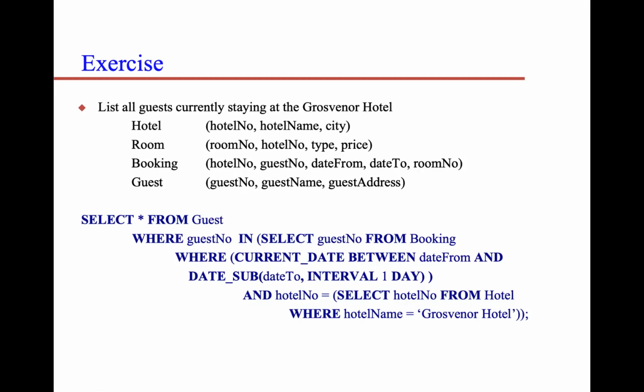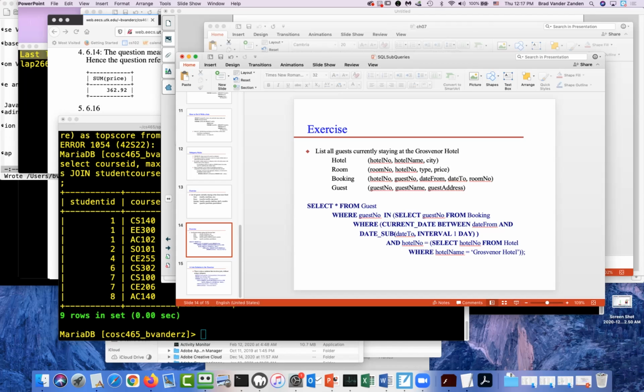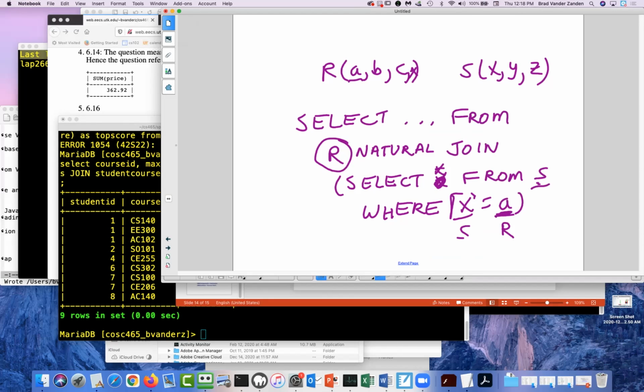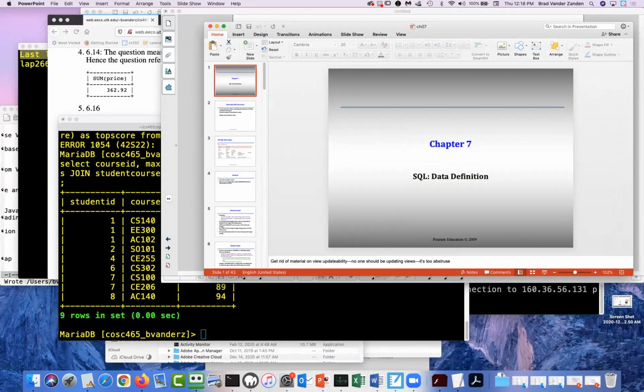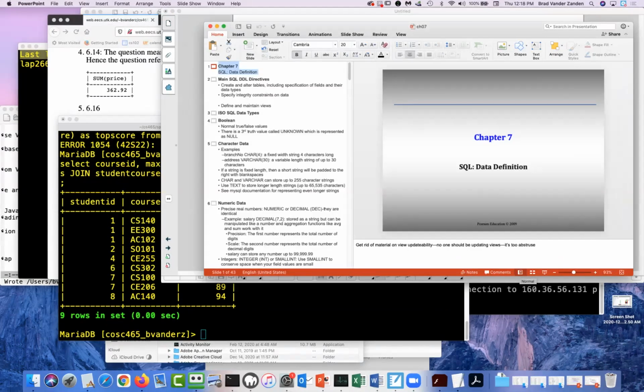So, questions about subqueries. Okay. The last thing we want to talk about is data definition language, and then views. I'm going to go fairly quickly through a bunch of slides because many of them are fairly obvious.